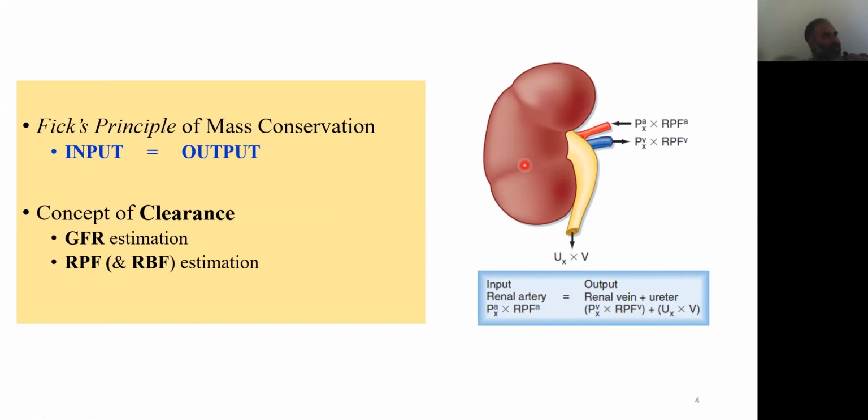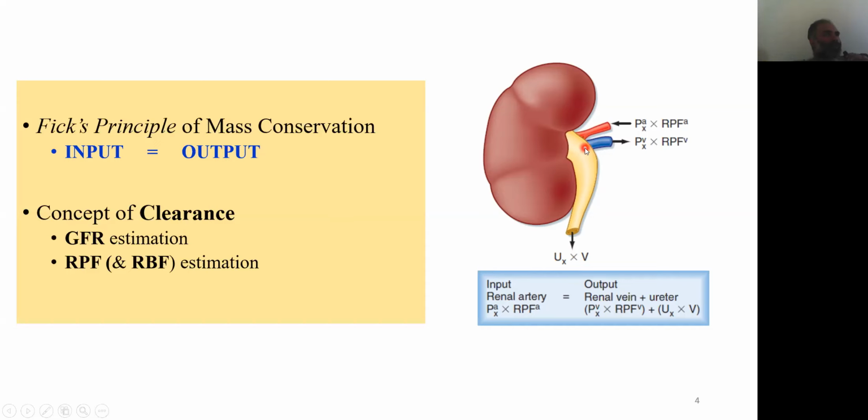It's the 20% that got filtered out that eventually became available for urine formation.